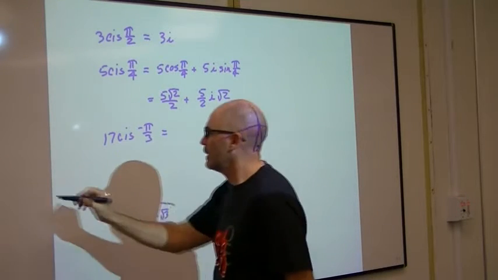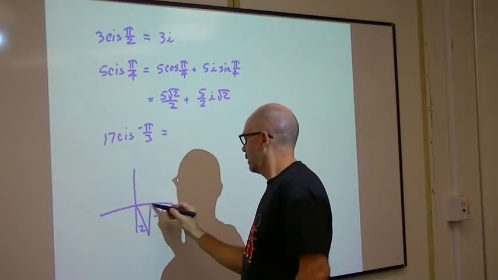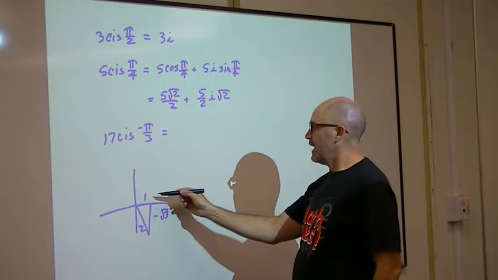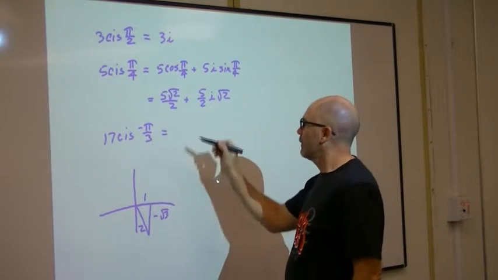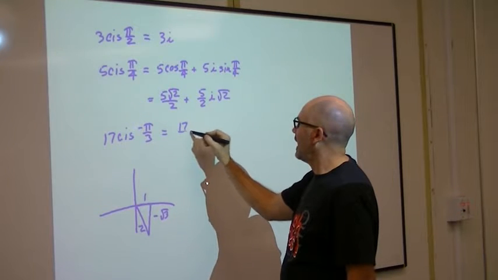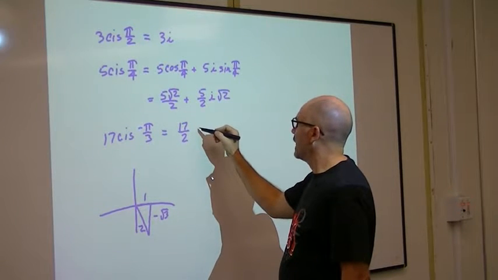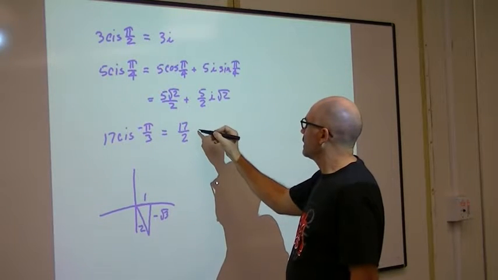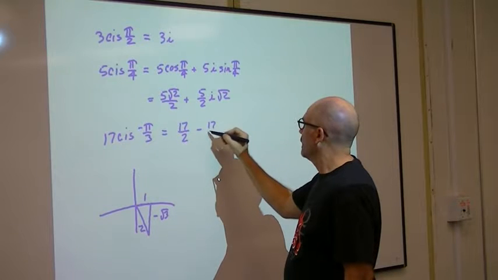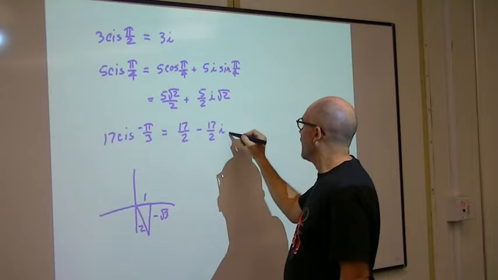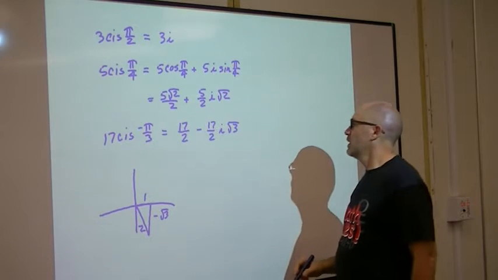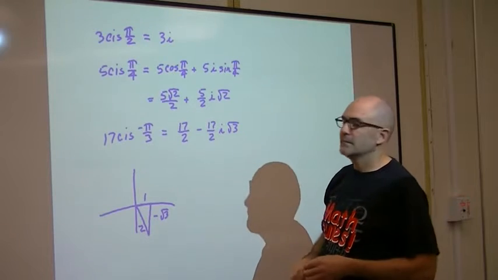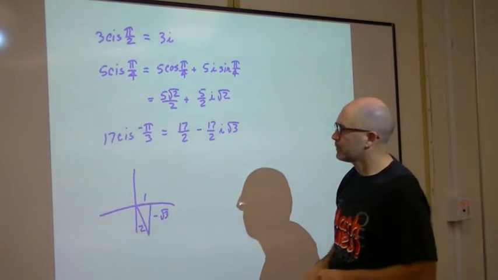I have to destroy all evidence that I screwed up. Okay, so cosine of this angle is going to be 1/2. So I've got 17 halves. And sine of this angle is going to be negative square root of 3 over 2. So it's minus 17 halves i square root of 3. So it's 17 square root of 3 over 2 times i. So that's it. It really is going to be simple.